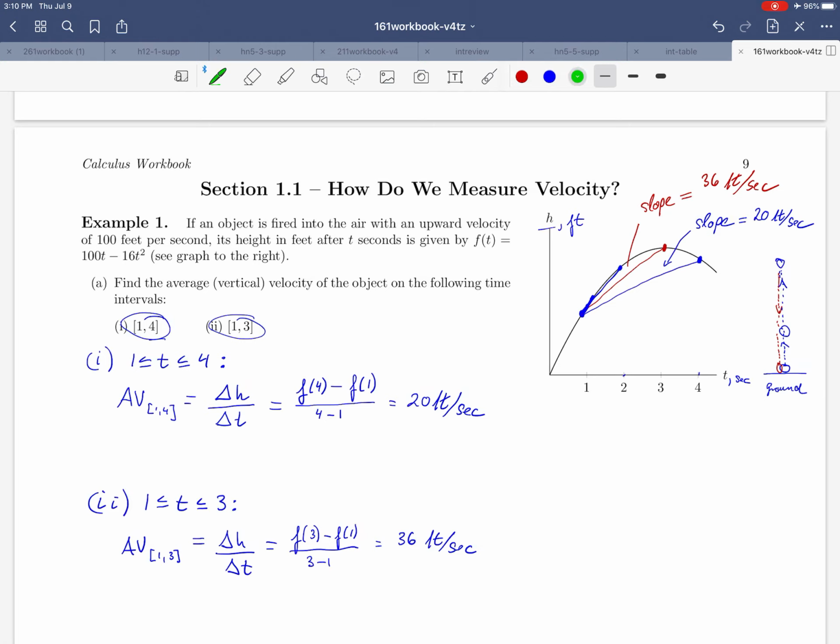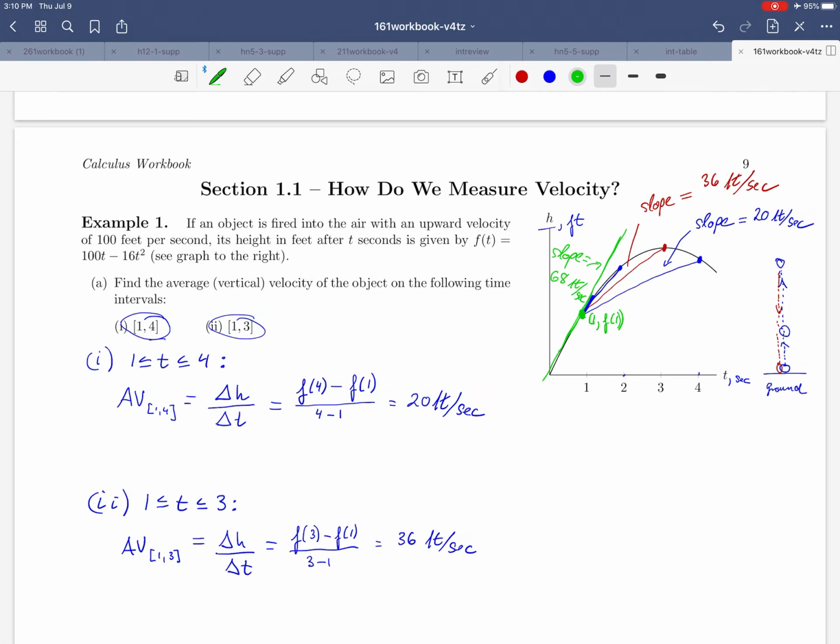Ultimately, we are approaching the slope of a line that just barely touches our graph at t equals 1 and f of 1, at this point right here. Those are the coordinates of that point. And our instantaneous velocity represents the slope of that line right there.